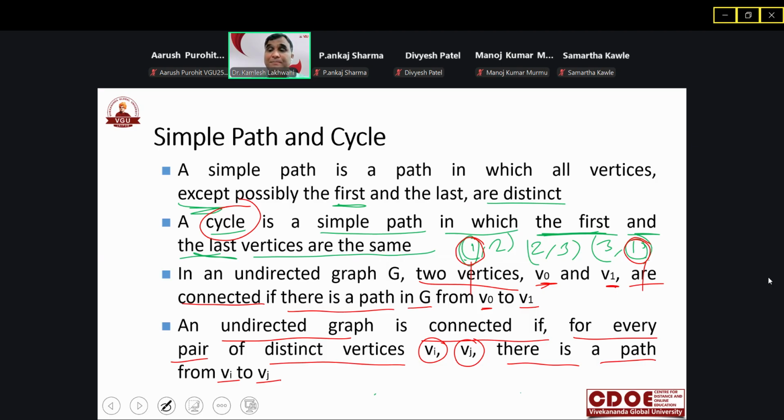There must be a path from any node to any node. So that type of graph is called connected graph. Means we can start from any node and reach any other node.